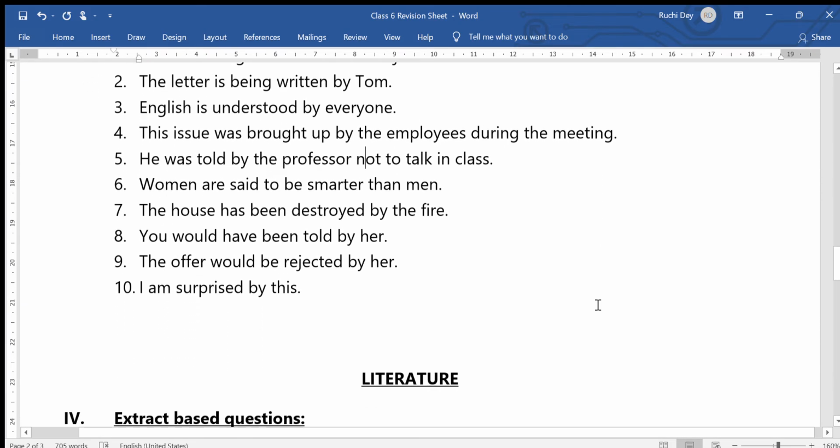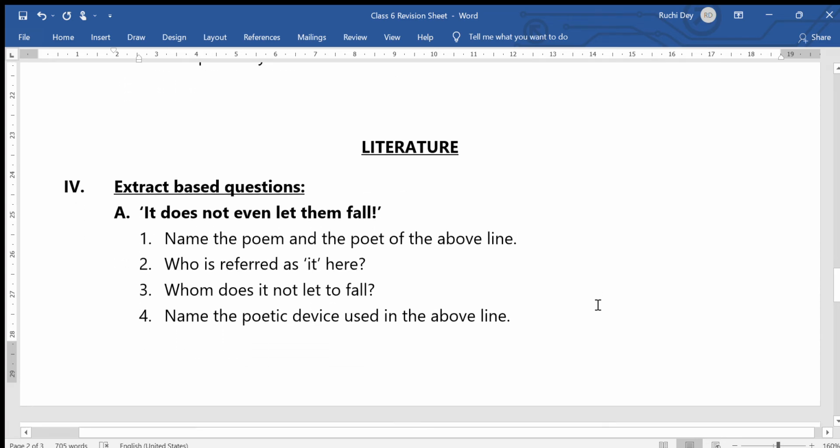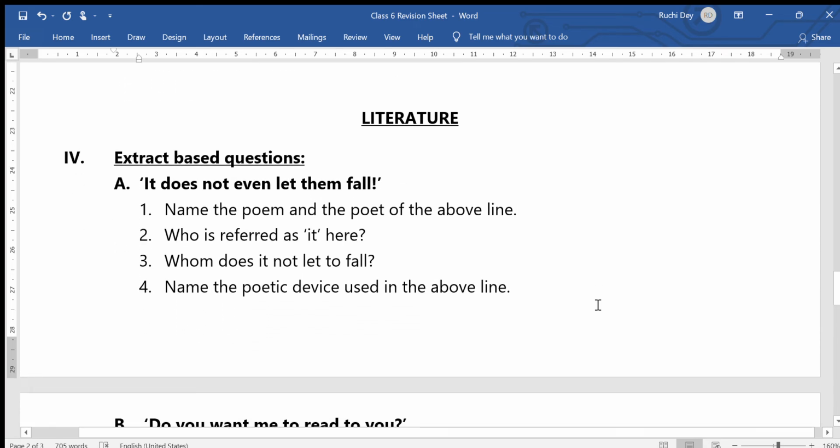A very tricky one. Okay, now we come to the literature section. Under the literature section, I have given you two extracts. Let's quickly go through them. It does not even let them fall. Name the poem and the poet of the above line. Of course, here it is The Magical Earth, and it is written by Gulzar.